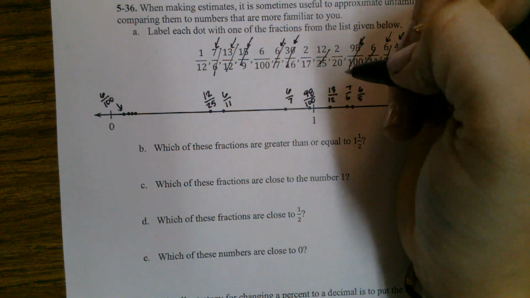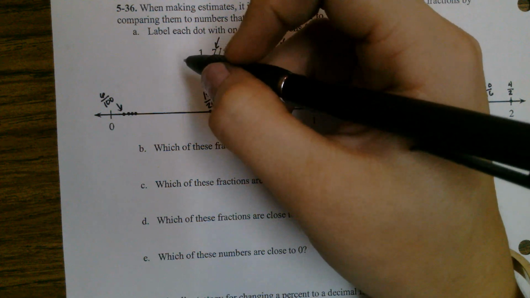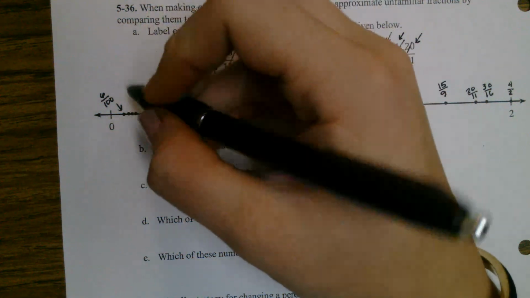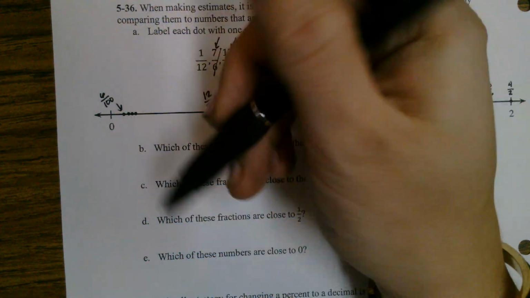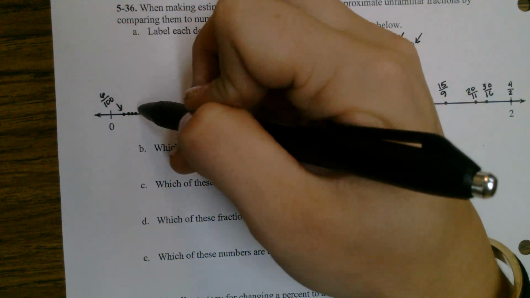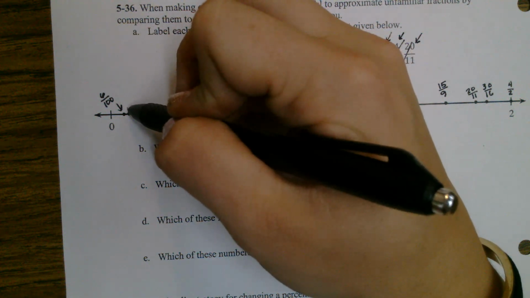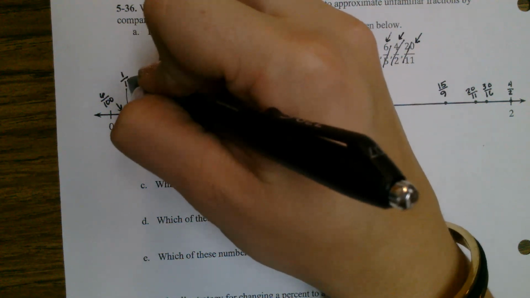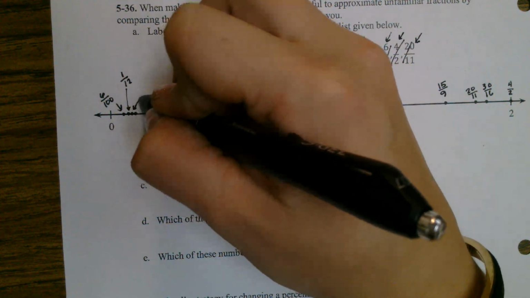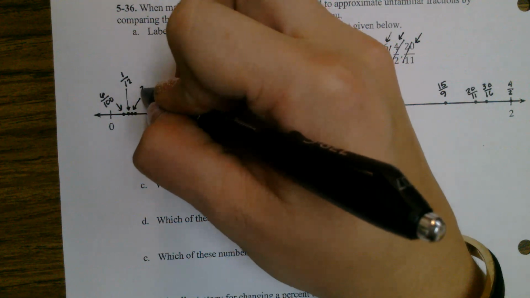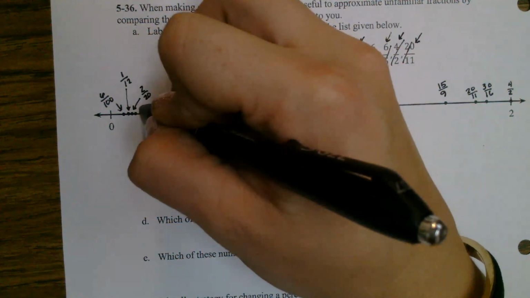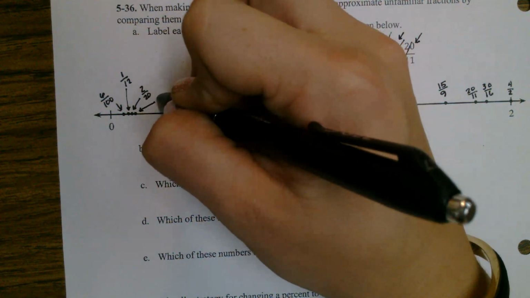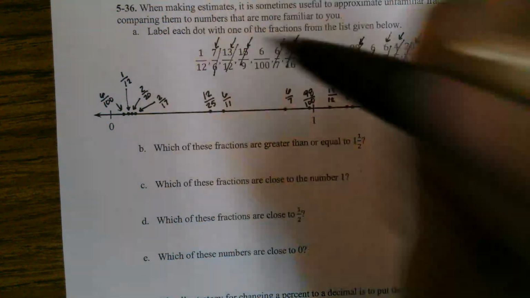Then I'm going to put 1/12, then 2/20ths, and then 2/17ths.